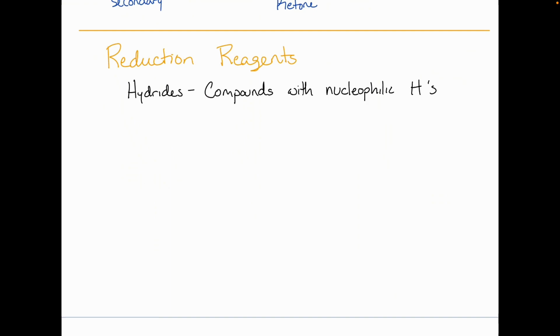The first one is called sodium borohydride. And what that's going to look like is NaBH4. This is really the important bit here, our reduction agent.